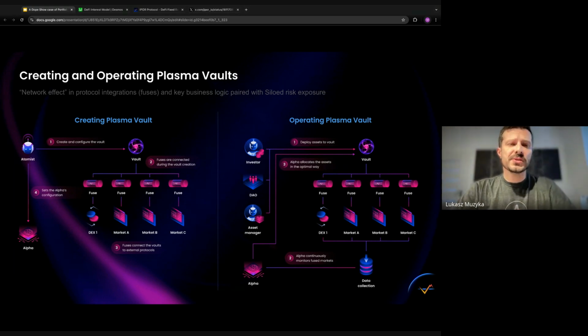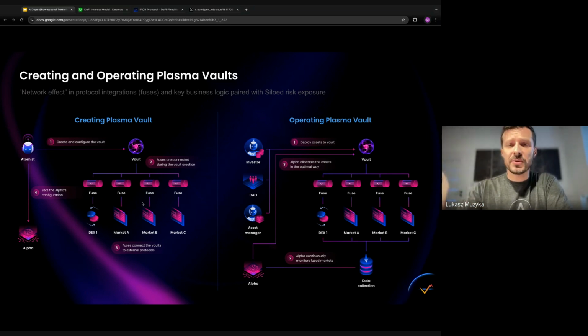Thank you. So there are three main parts of Fusion. The first one is the ERC 4626 Vault. It's essentially the central part of Fusion. You can build those vaults public or private, and the fees are also charged at this level. Down below you see fuses. Fuses are small, atomic, stateless contracts.